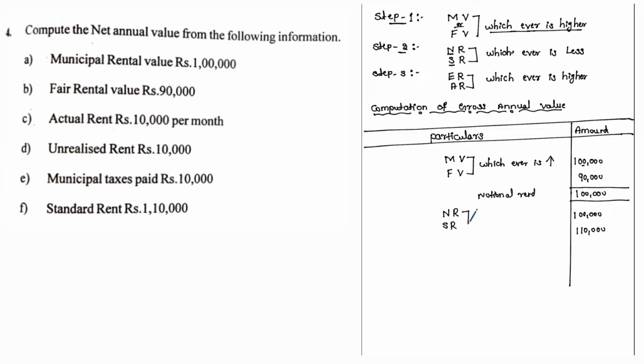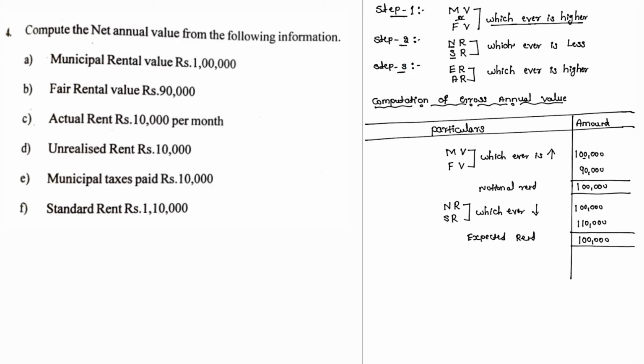So in these two, whichever is lower, whichever is less. The lower amount is 1 lakh. This will be your expected rent.